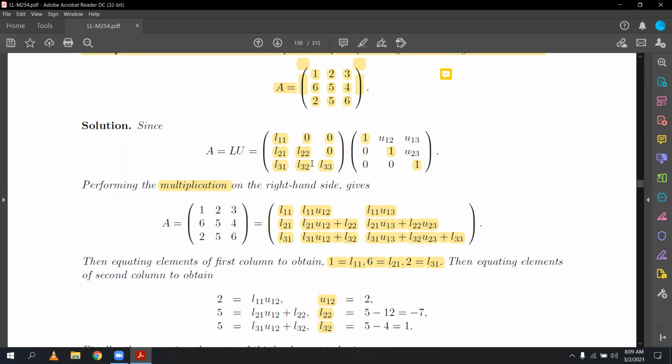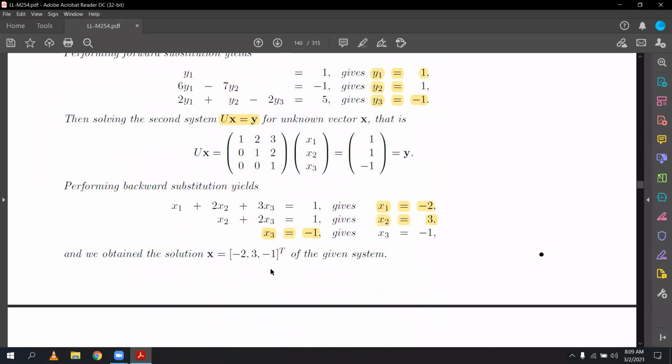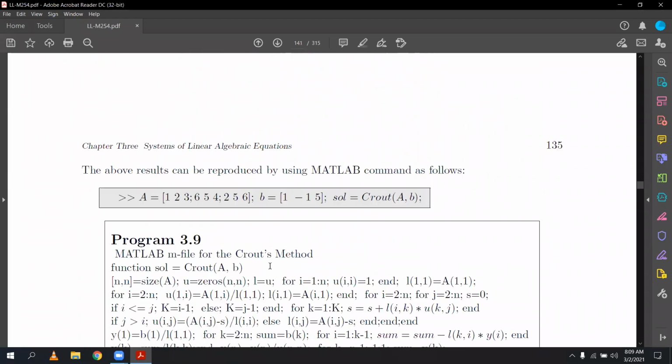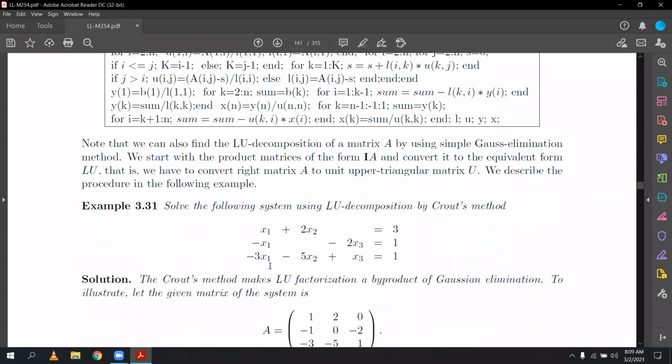Let's say you are very good at multiplication and you did the right multiplication, but still you have to solve 9 equations to find 9 elements. It's a slightly lengthy process. Therefore, I developed the formula myself.